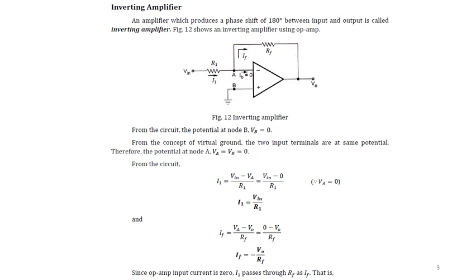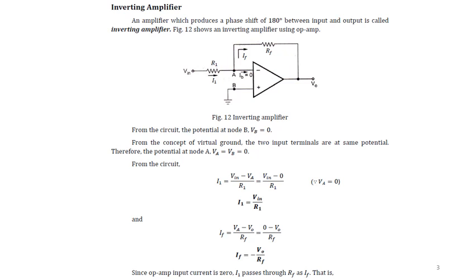The non-inverting terminal is connected to ground. I named the point A as the inverting input and the point B as the non-inverting input.